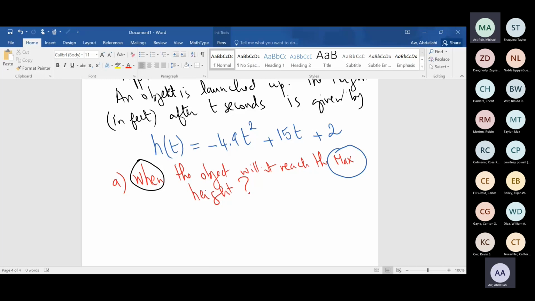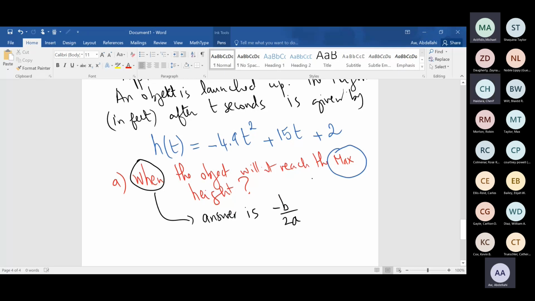What is the formula for h? Negative b over 2a, right? When the object will reach the maximum, the answer is negative b over 2a. That's it.